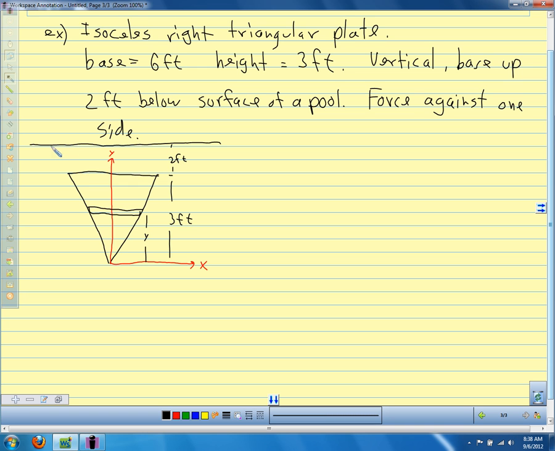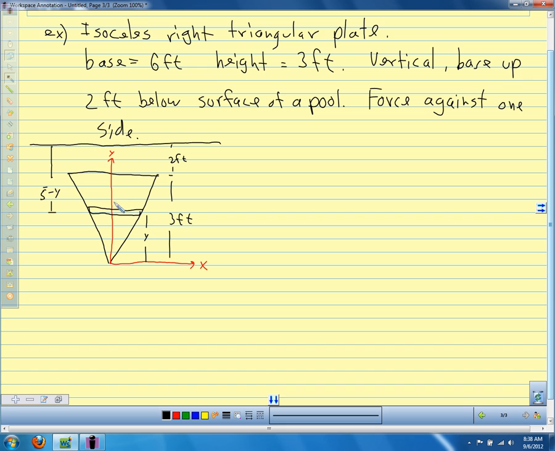So our depth below the surface is going to be 5 minus y. And I like to double check myself. If I'm down here at y equals 0, how far am I below the surface? I plug in 0 here, I'm 5 feet below the surface. So that makes sense.